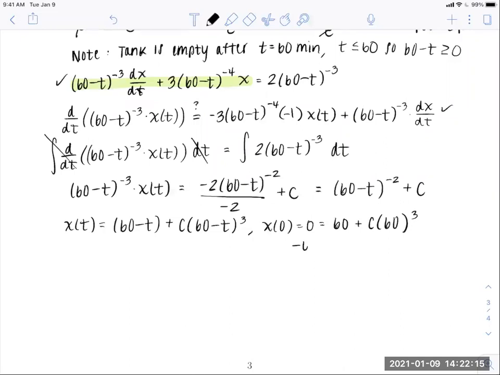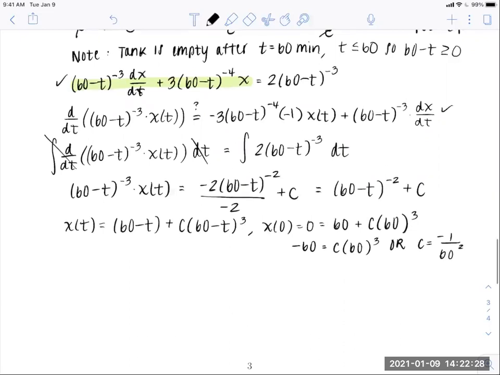I have negative 60 equals c times 60 cubed, or c equals negative 1 over 60 squared, or negative 1 over 3600. So kind of an ugly looking C value, but a C value nonetheless.